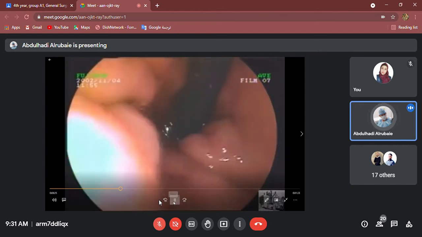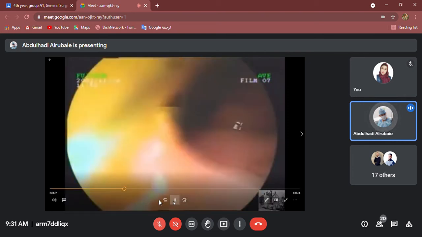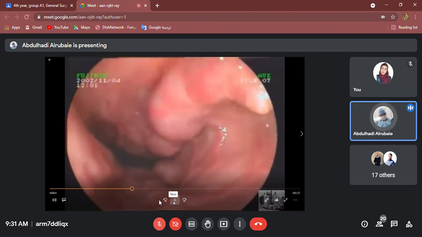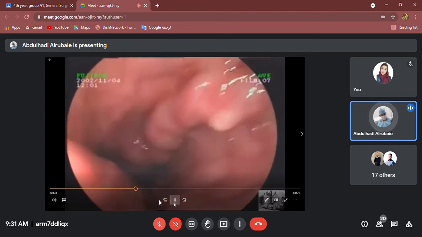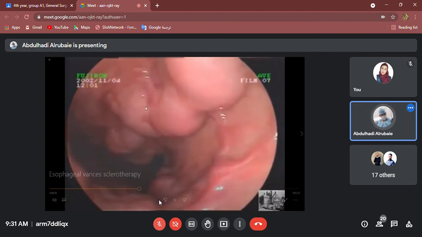And also resuscitated by somatostatin infusion. هذه أيضا راح ناخذها اليوم بالمحاضرة. And once the patient is stabilized, طبعا هنا تشوفون هنا اكو stigmata of recent bleeding.